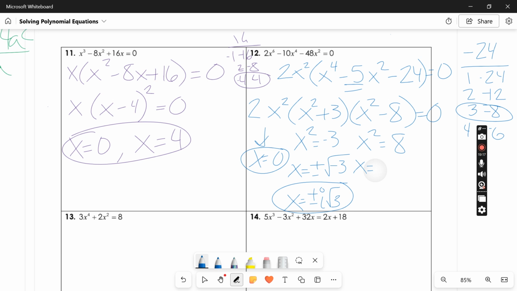Okay, so x equals positive and negative square root of 8. 8 is not a perfect square, but it does have a 4 in it. So I'm going to take the square root of 4, which would give me positive and negative 2 square roots of 2.